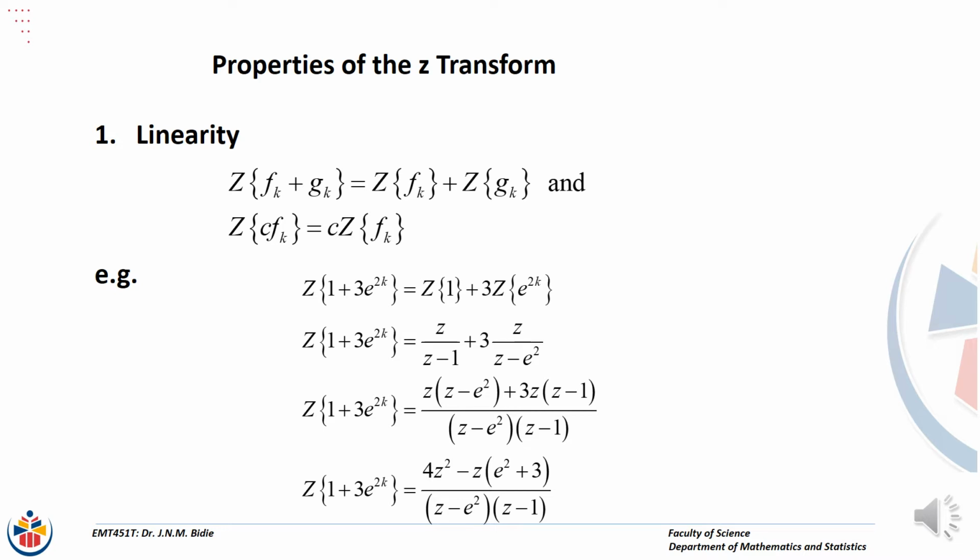And then rule 6, the Z transform of e to the power 2k is Z over Z minus e to the power 2. Note we are multiplying that by 3, and therefore we can then add these two quotients. We do the cross multiplication of those terms, and then the denominator, you multiply them out so that we simplify the whole expression. Check whether the numerator is correct.